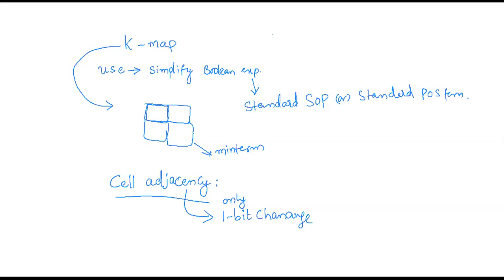Now we will go to the second topic: two variable K-map. With two variables x, y, we have a maximum of four minterms.